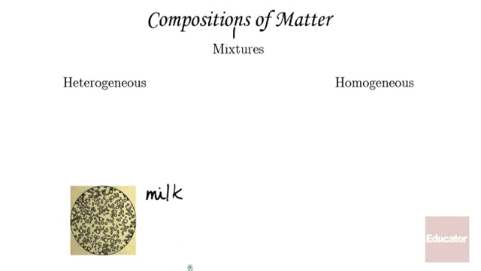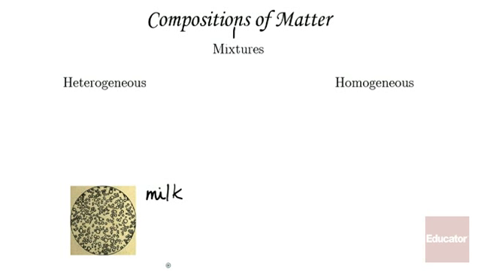Now it's interesting that if you go to the supermarket and look at the milk cartons on the shelves, you will usually see the milk described as homogenized milk. In scientific terms, that's just a misnomer. Milk is not a homogeneous substance. As you can see when you look at it under the microscope, milk consists of two quite different materials.